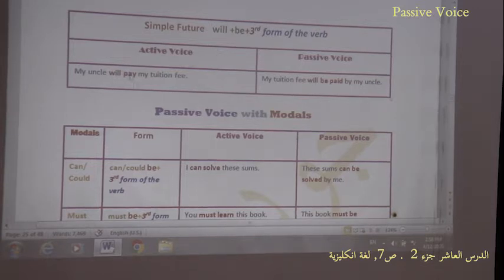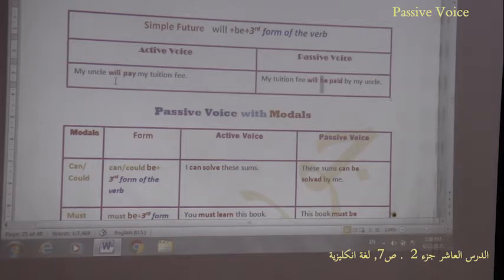The verbs after will are always in the base form. In the passive, will is followed by the base form be plus the third form of the verb pay: my tuition fee will be paid by my uncle.